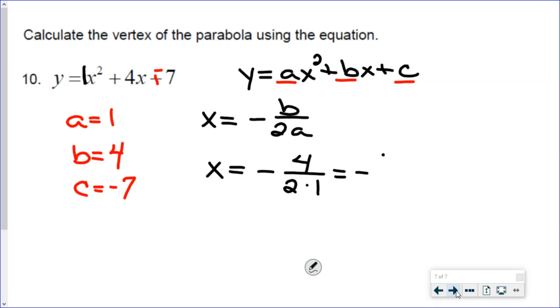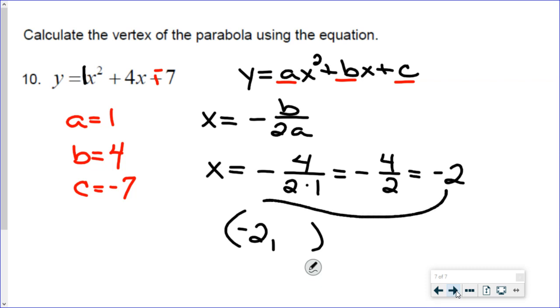So this is really just a -2. That's the axis of symmetry. And as we know, the axis of symmetry is part of the vertex. So that number goes there.